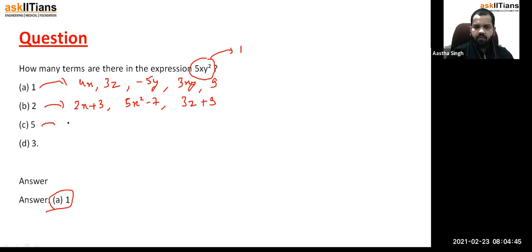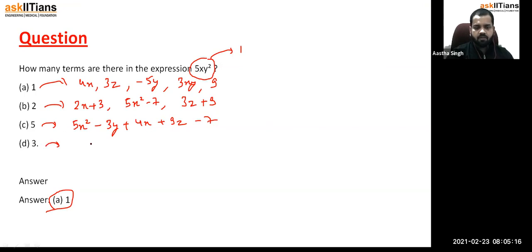In case of 5 terms, suppose 5x square minus 3y plus 4x plus 9z minus 7. How many terms are there? 1, 2, 3, 4, 5. One term is 5x square, then minus 3y, then 4x, then 9z, then minus 7. So 5 terms are there.